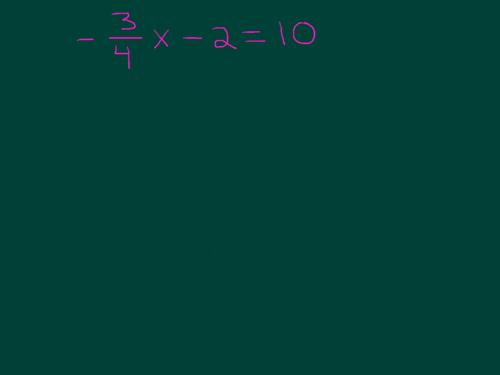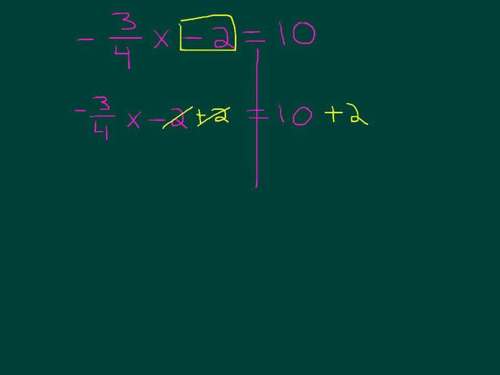Alright, now we have negative 3/4 times x minus 2 equals 10. I want to get x by itself, and I have to undo addition and subtraction first. So I have to get rid of negative 2 by adding 2 to both sides. So add 2 here to cancel this 2 out. Then I have to add 2 to the other side. So on the left, I still have left over negative 3/4 x equals 10 plus 2 is 12. And now, how do I get rid of this fraction?